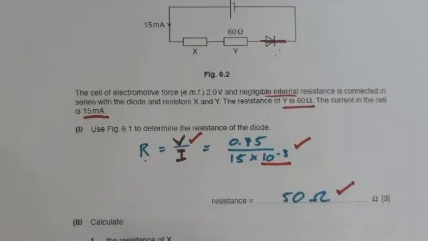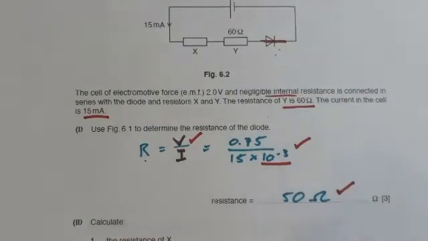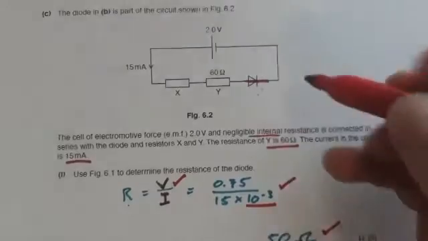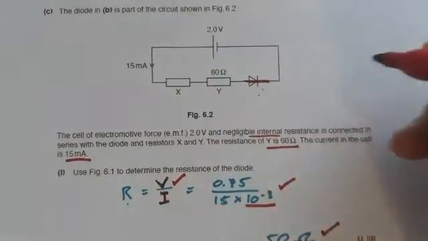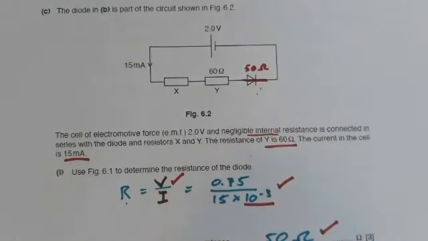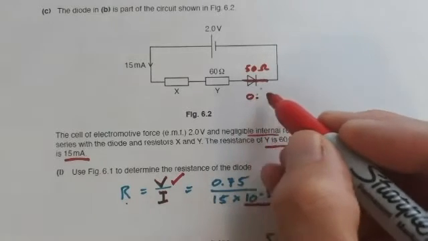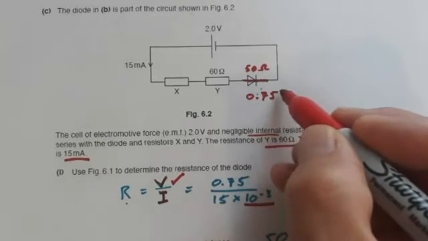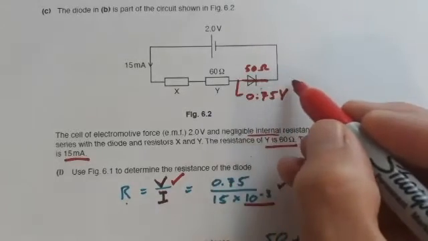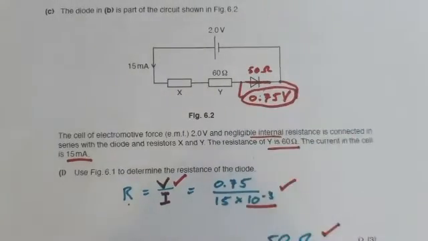Next question. Calculate the resistance of X. We've got the resistance of Y. We know the resistance of our diode, which was 50 ohm. We also know that the potential difference over this was the 0.75 volt. So if we had a voltmeter around there, that's what that voltmeter would read.